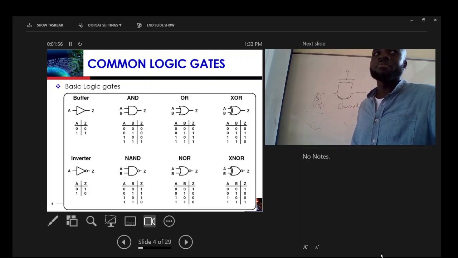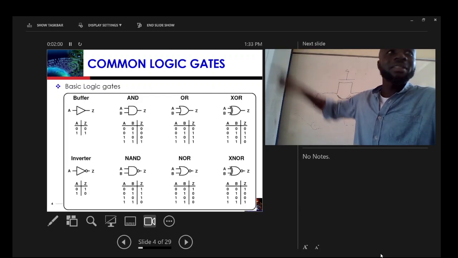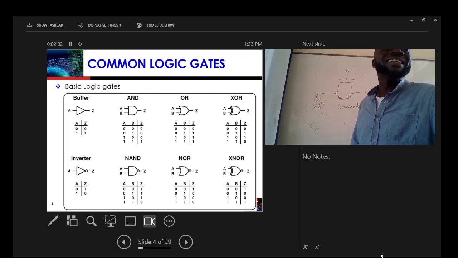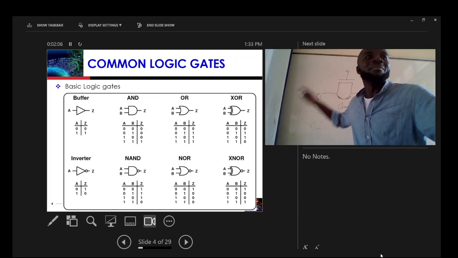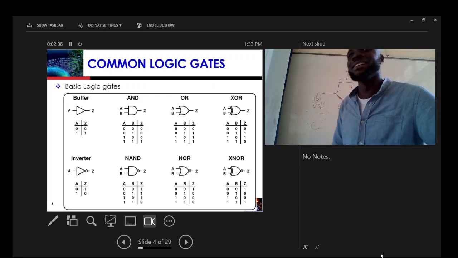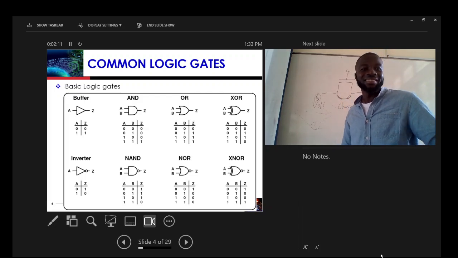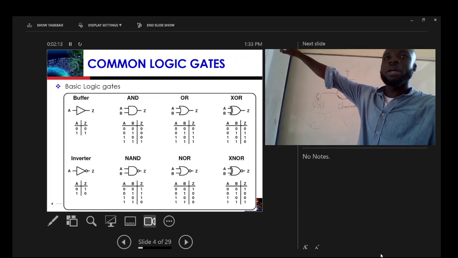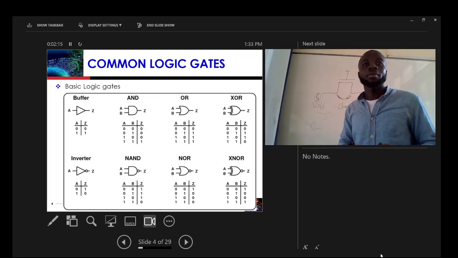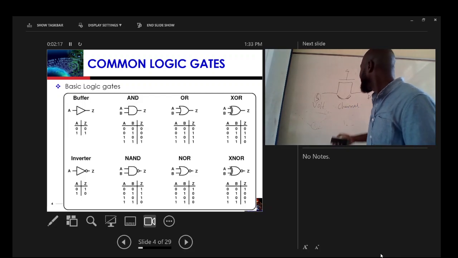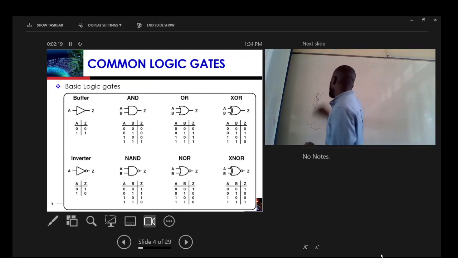The AND gate, the first one. I said, what does the buffer do? The buffer.